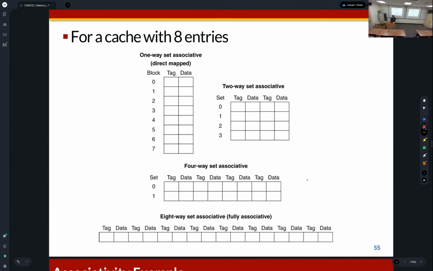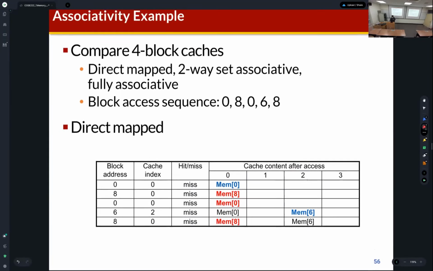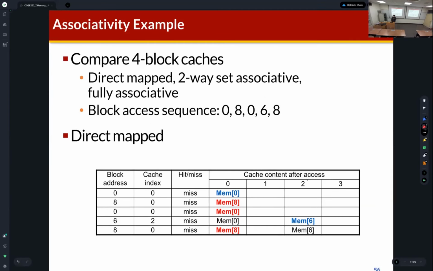So let's see the example. In this example, we explore the performance of associative caches. First, we compare the behaviors of the direct mapped cache, the two-way cache, where one set includes two blocks, and the fully associative cache.